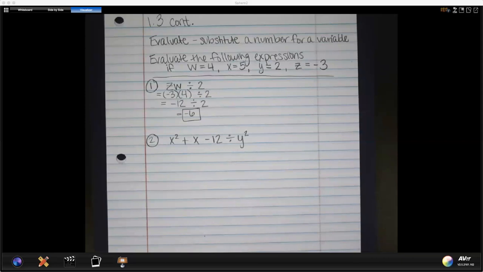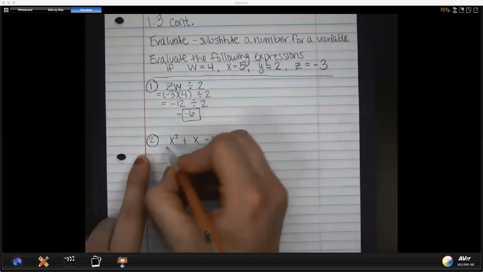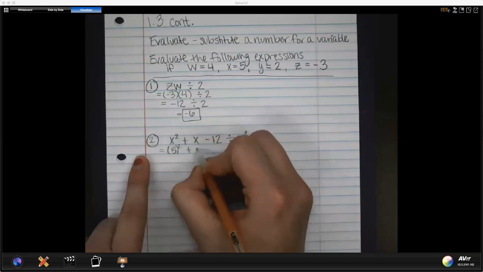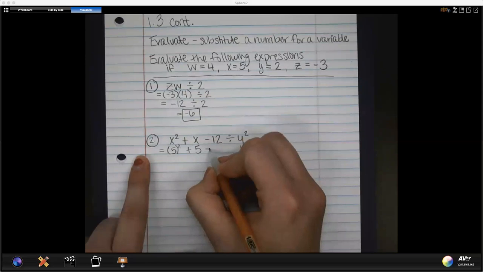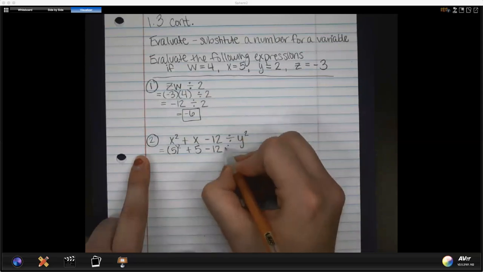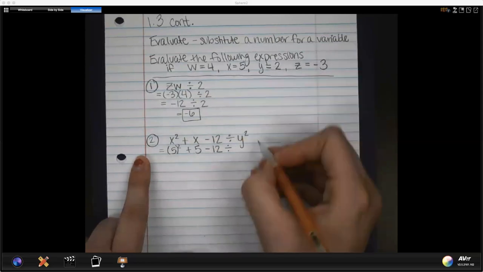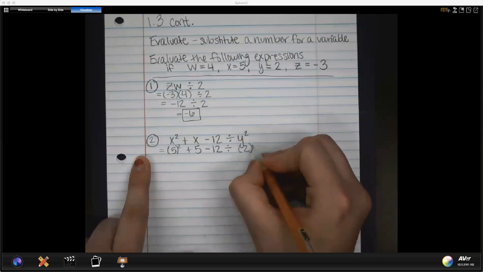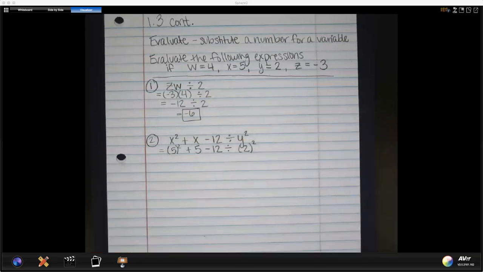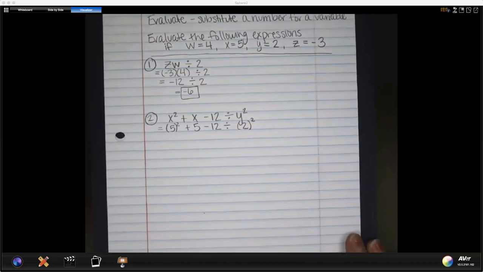The first thing you're gonna do is substitute in your values. So X is 5. So we have 5 squared plus 5 minus 12 divided by Y, which is 2 squared. So we should have 5 squared plus 5 minus 12 divided by 2 squared.